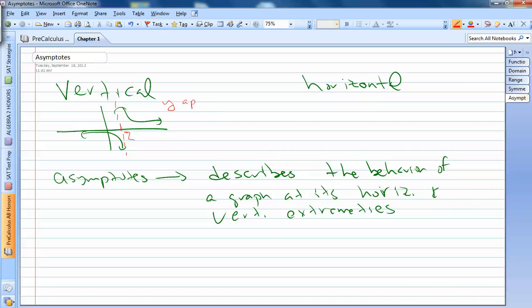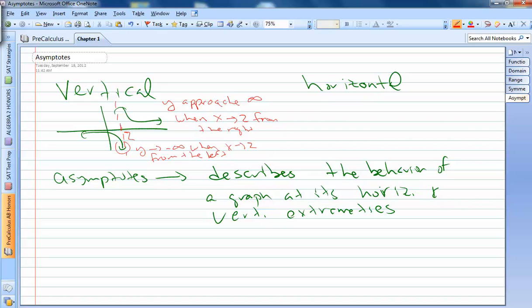So y approaches infinity when x approaches 2 from the right. Over here, y will approach negative infinity when x approaches 2 from the left.